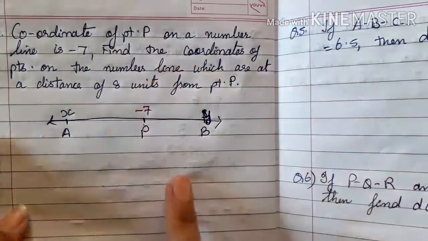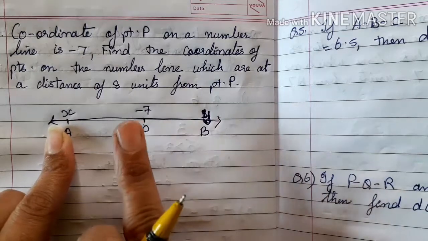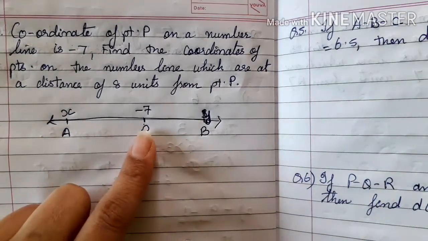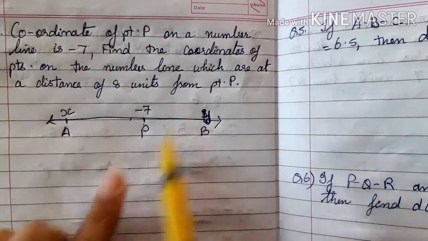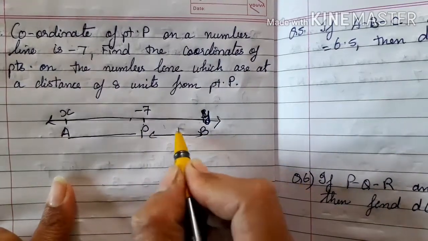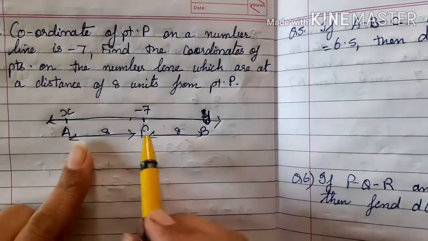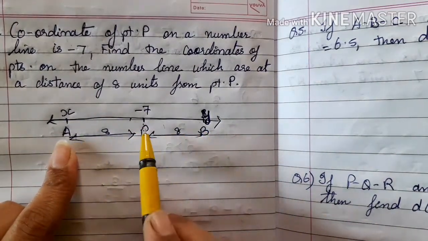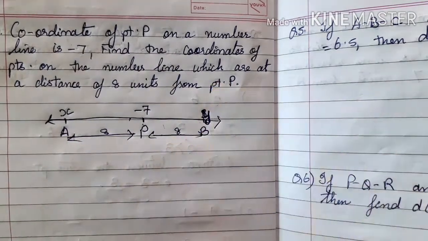Now according to the question, what they have said is that we have to draw a number line. The first point is given, that is minus 7. We have to name it as point P, and both the points are at a distance of 8. Means the distance between these two coordinates is supposed to be 8. Got it? The distance of X from P and P from Y is supposed to be 8 respectively according to the question.